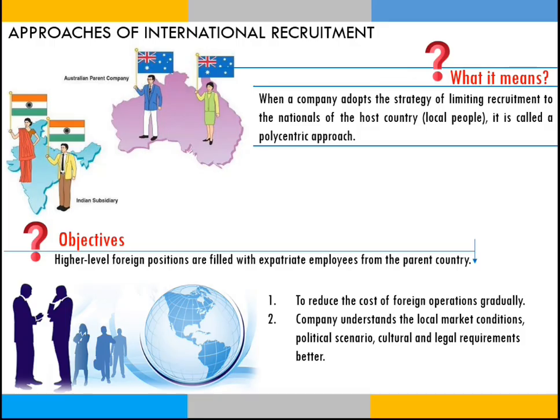But when it comes to India, people are holding Indian flags. So what this basically means is, in a polycentric approach, a company adopts the strategy of limiting recruitment to the nationals of the host country, which means all the recruitment in the host country happens by deploying the people from that respective country itself.